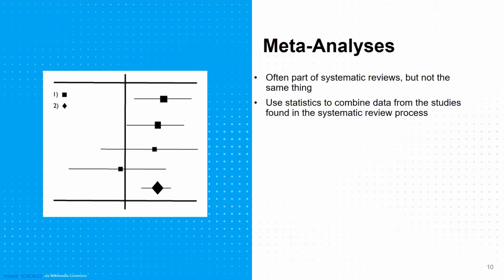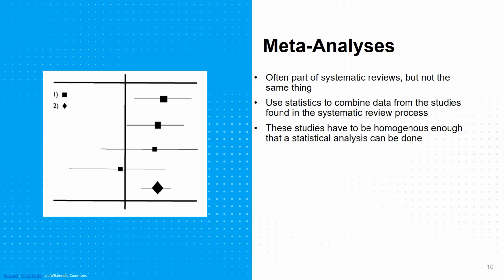Meta-analyses use statistics to pool the data from the studies that were found during the systematic review process, which means that these studies have to be similar enough that you can actually do a statistical analysis on them. And that's why you will see systematic reviews that don't have meta-analyses, because they might be looking at studies that are dissimilar.